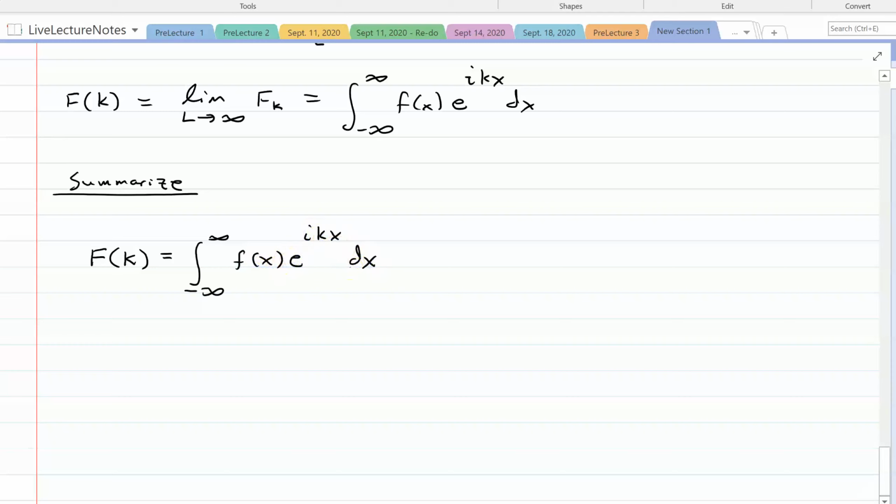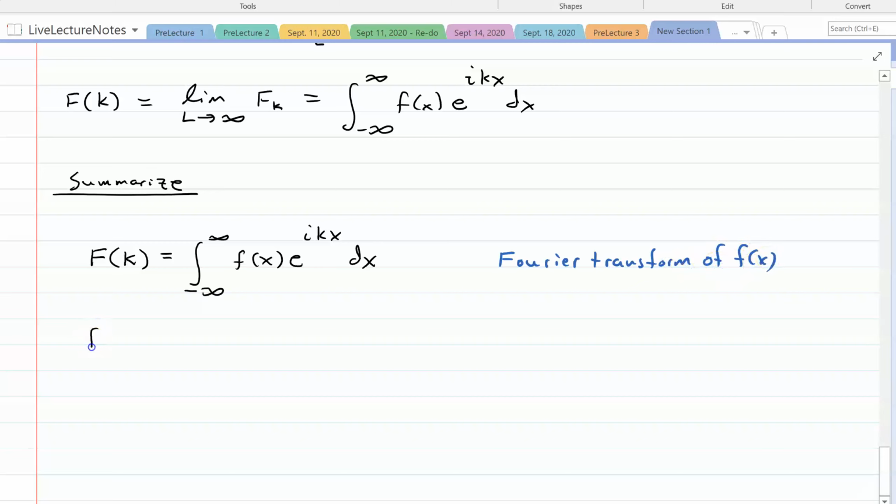This is kind of like the c_n's before, right? Except now k can take on any value. This is the Fourier transform of f of x.